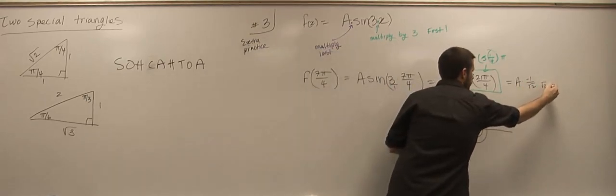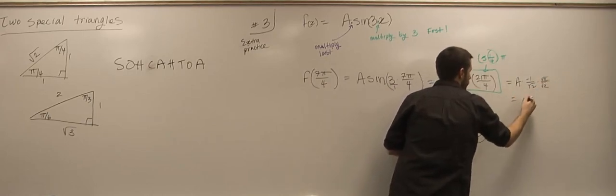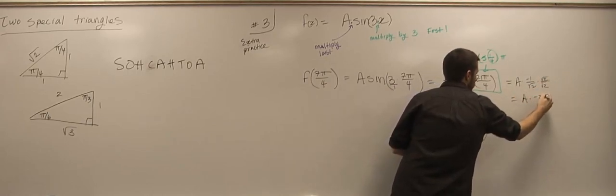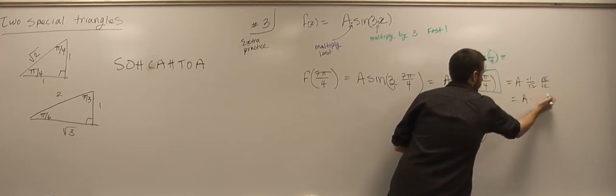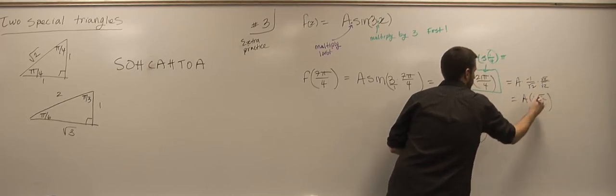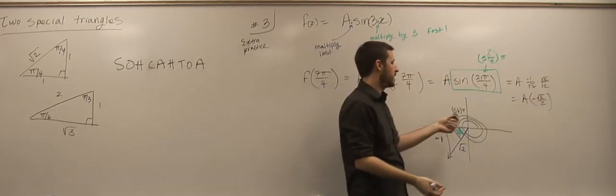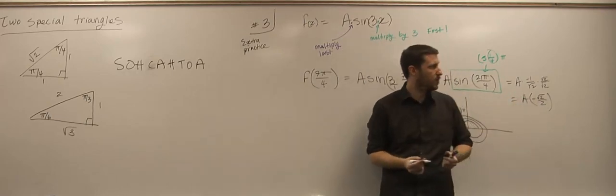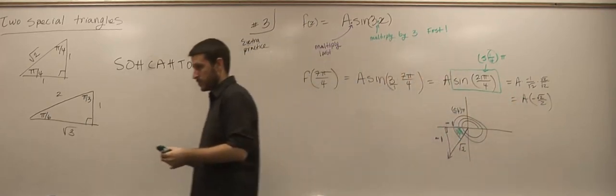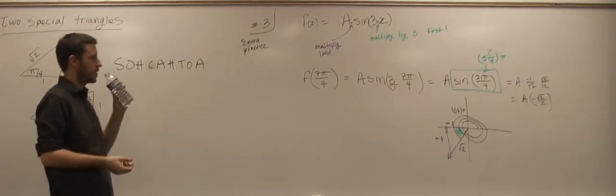So if you multiply by root 2 over root 2, you'll get negative root 2 over 2. This A, I haven't gotten to yet, I'll use it in a second, but this A is still hanging out in the front. Okay? So far so good.